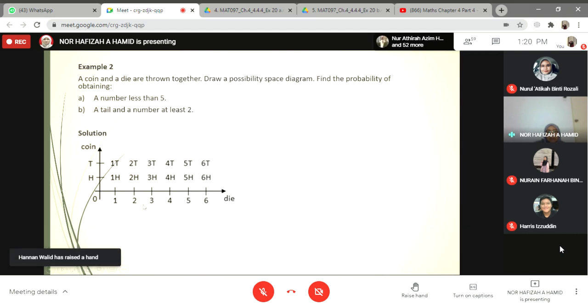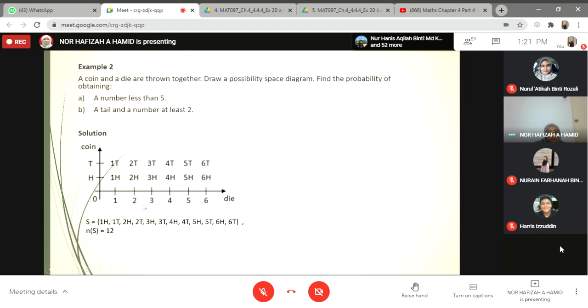Okay, so sample space total we have 12. Okay, start from one head. Okay, maknanya kalau you baling coin dengan dice together, okay, so maknanya bila you baling serentak, dia pun ada possibility dia, you dapat one dengan head. Ataupun second toss tu, you dapat one dengan tail. Okay, so until you dapat 6 head or 6 tail. So you dapat total is 12.